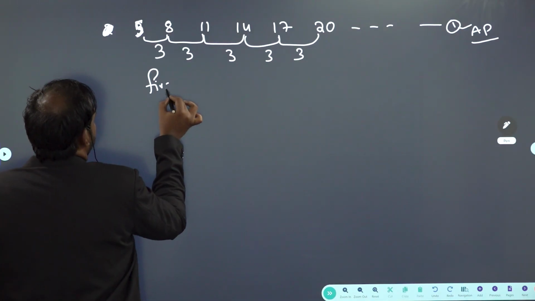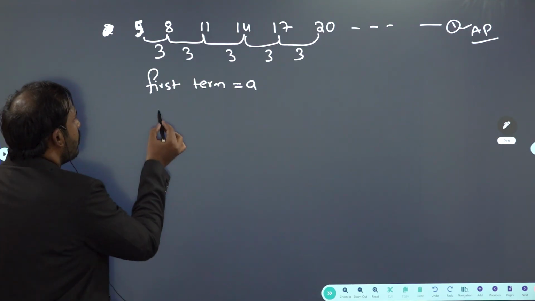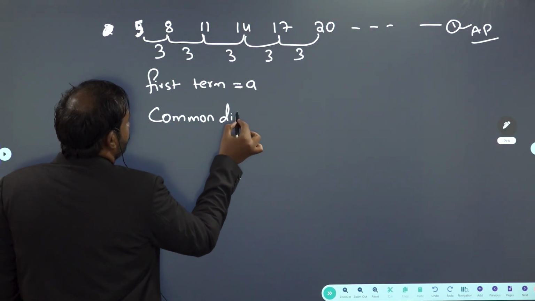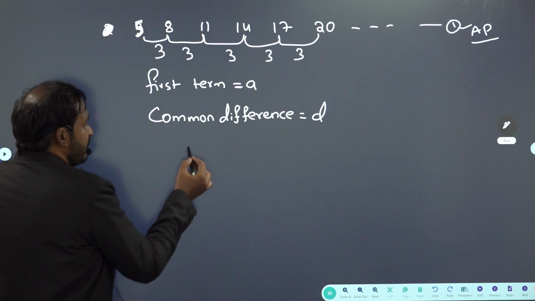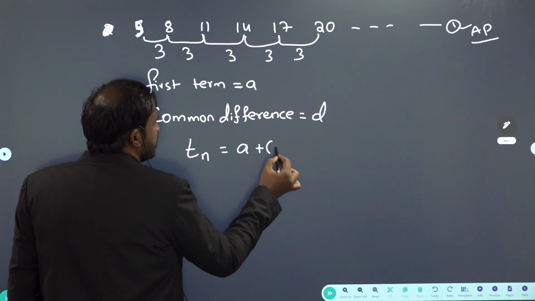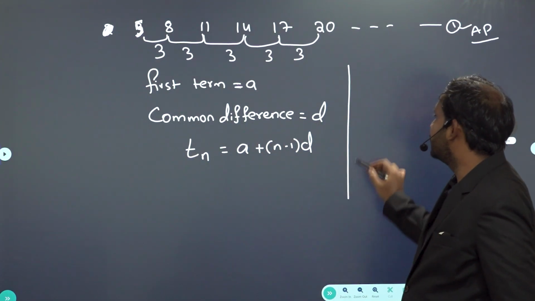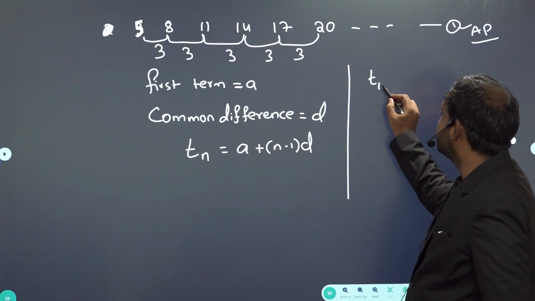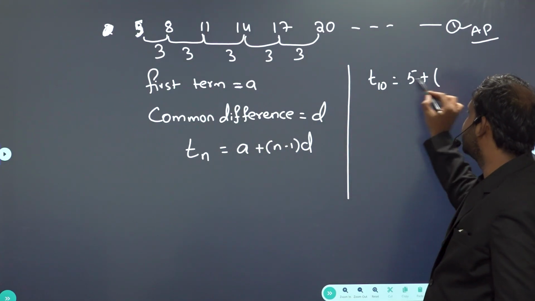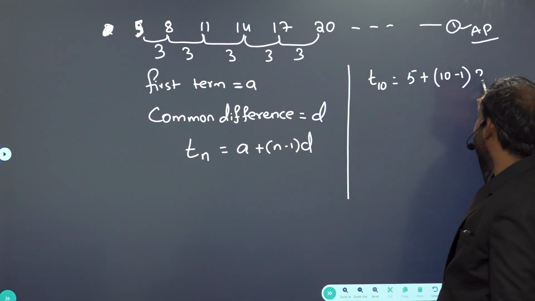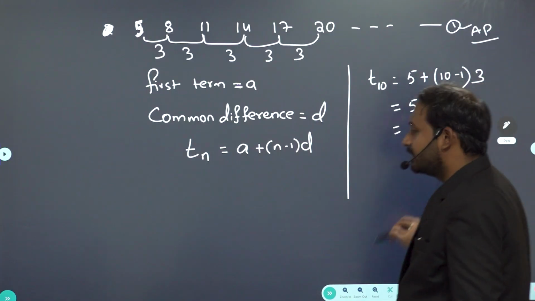Here, the first term will be denoted with the alphabet A, and the common difference will be denoted with the alphabet D. In this series, if I want to find the nth term, it is A plus n minus 1 into D. For example, in the same series, if I want to find the 10th term, T10 is equal to A, the first digit, that is 5, plus n is 10 minus 1, into the common difference, 3. So 5 plus 9 3s are 27, so 32 will be the 10th term in the given series.